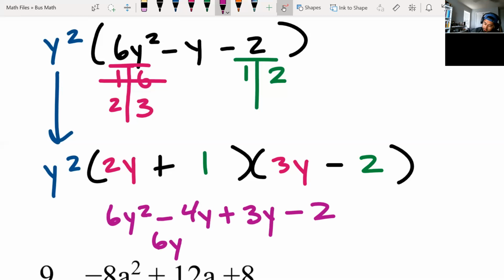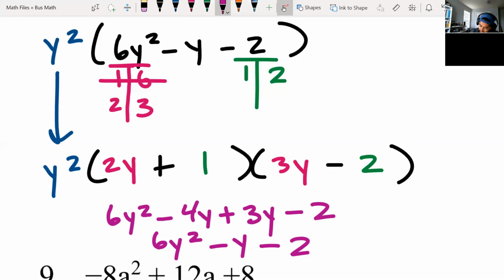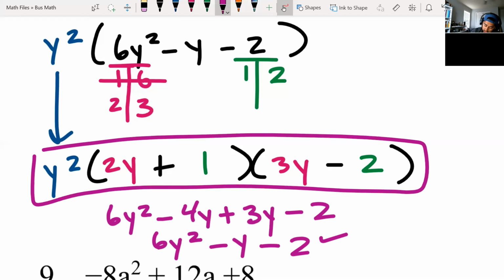I get 6y squared minus y minus 2. Does it look like that one? Yes, we're good. So we have our answer there. Okay. Any questions on that one?